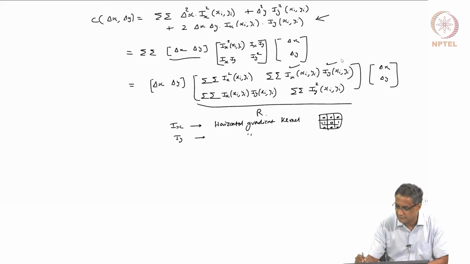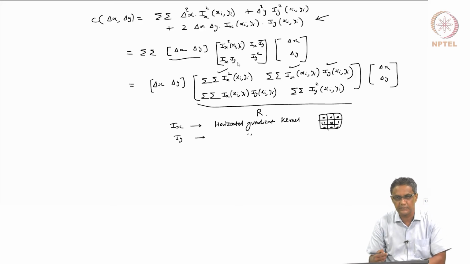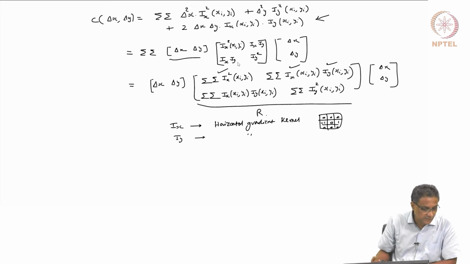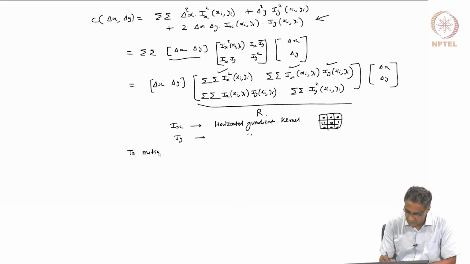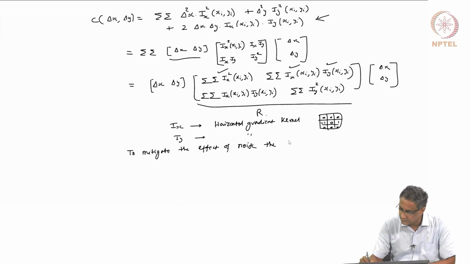That is all you need, because you just have Ix, Iy, Ix square, which is simply squaring that number, and Iy square, which is squaring the y gradient. Now, there is just this other point: to mitigate the effect of noise, the patch is first smoothed with a Gaussian.